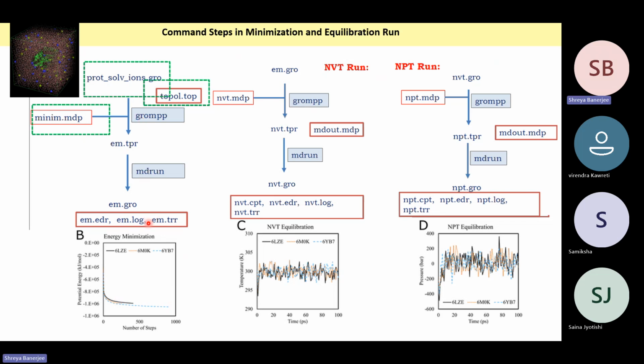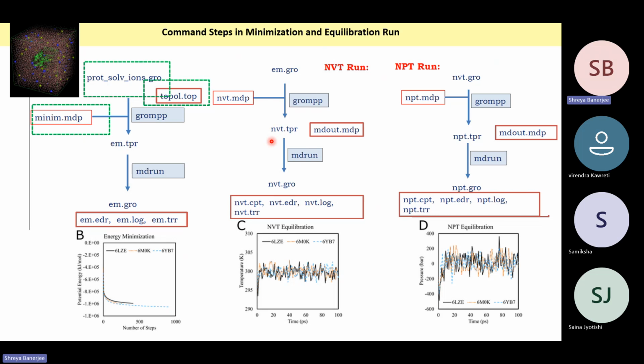You can also carry out these simulations in different conditions, like constant NVT, meaning constant number of particles, volume, and temperature. I was discussing the statistical ensembles. That was why the statistical ensembles were being discussed, because each ensemble has a different condition, like constant NVT or constant NPT.